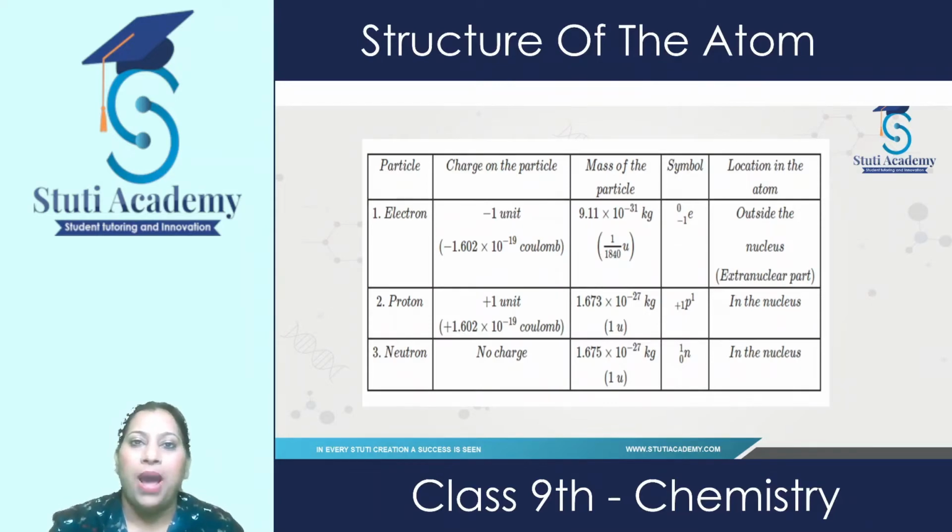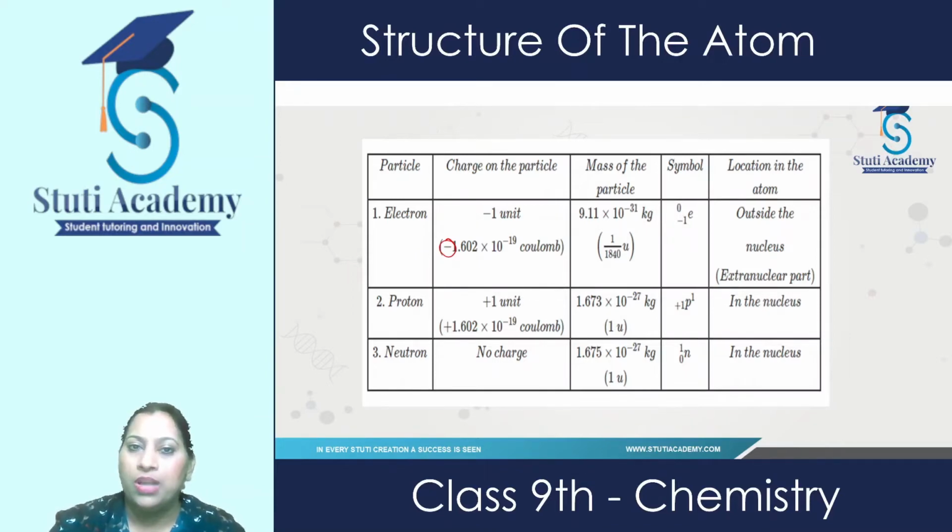Now this is the comparison between the 3 subatomic particles. If we look at this table, electron has a charge of 1.6 into 10 raised to power minus 19 coulomb. Just remember the negative sign. Don't forget to write the negative sign. The mass of the particle is 9.11 into 10 raised to power minus 31.